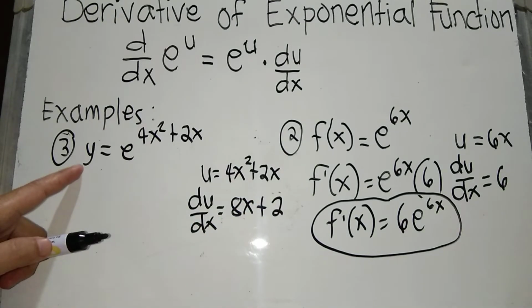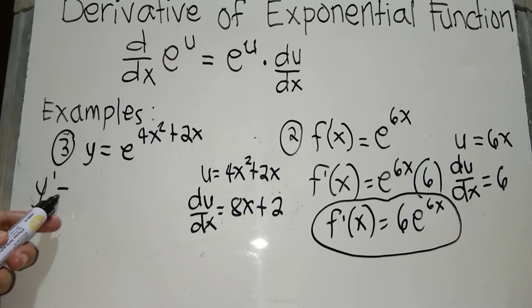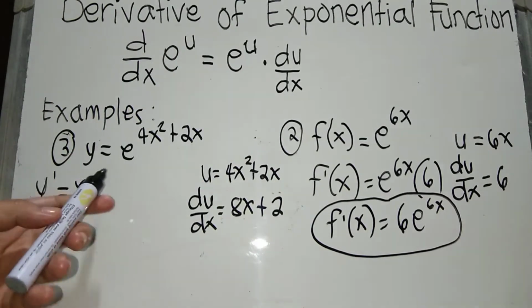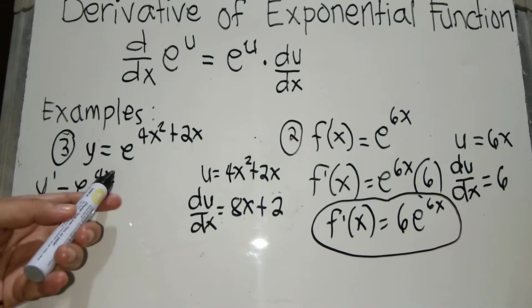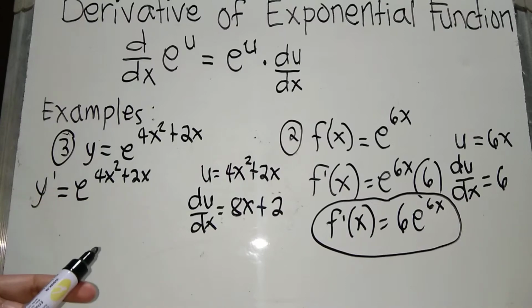So in finding our derivative, this is now y prime, which is now equal to e, copying e to the u according to our formula. So we have here 4x squared plus 2x.